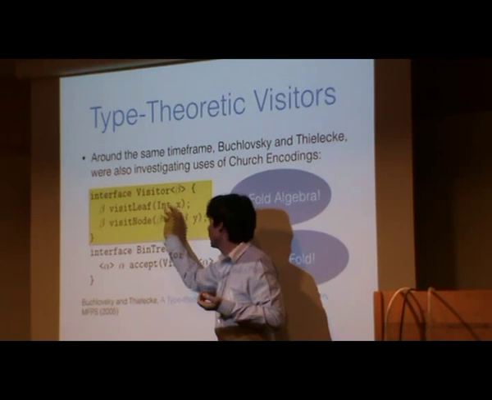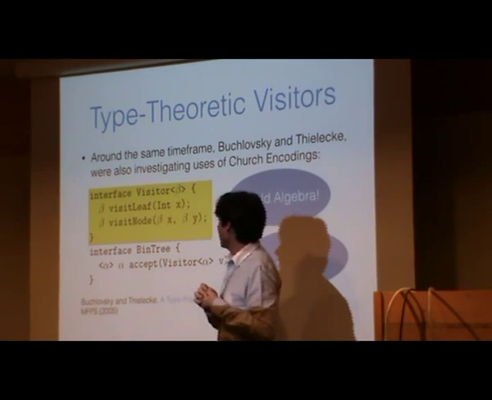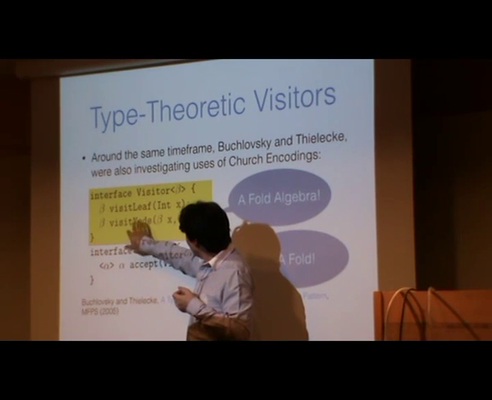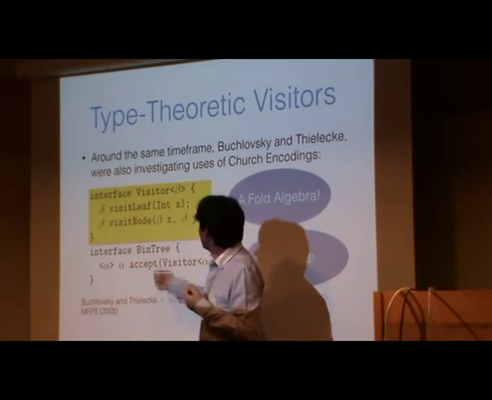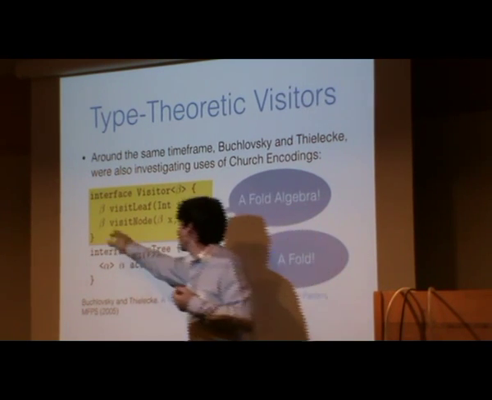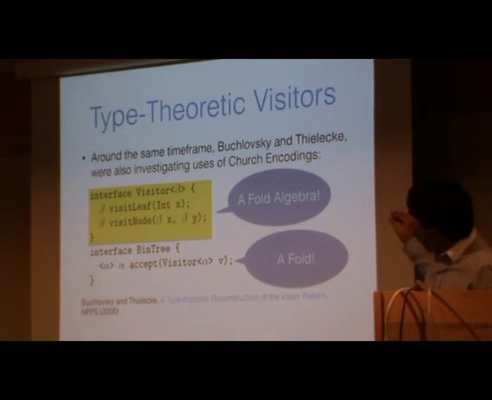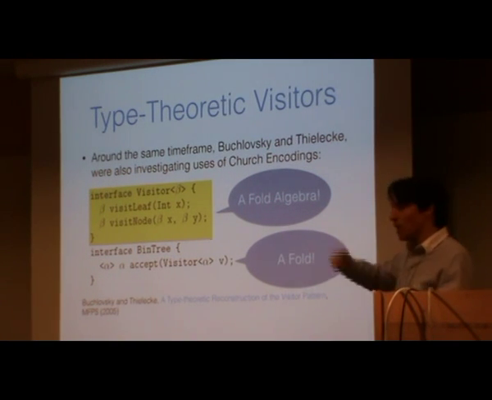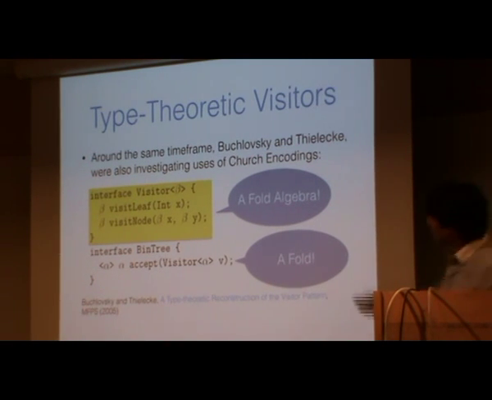So you have a visit method for leaves that takes the integer argument and returns some type B, and then you have a visit method for nodes that takes two values of type B and returns a value of type B. And essentially, if we know about these relationships between Church encodings and folds, we know that this is essentially the fold algebra of that data type.